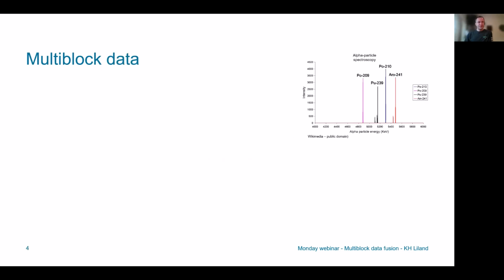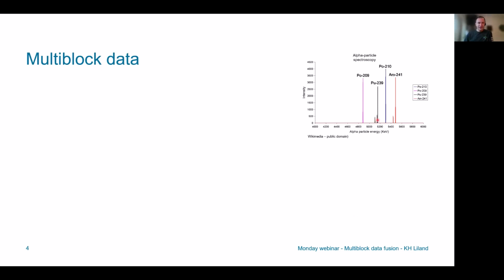So first a little bit about multiblock data. These data are inspired by a previous talk I've had in nuclear forensics, so it might look a little bit strange to chemometricians, but let's just think about these as our typical NIR data or FTIR data or Raman or excitation emission spectra, whatever.